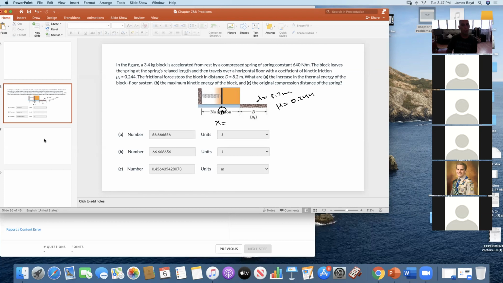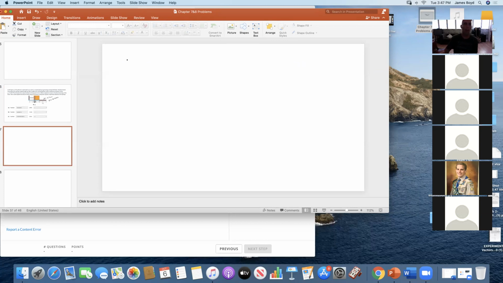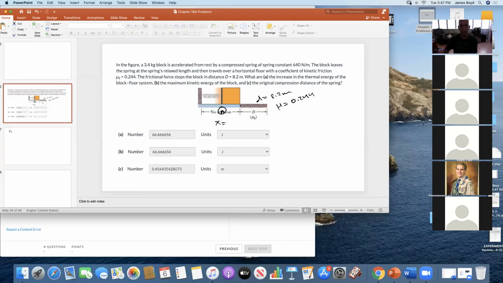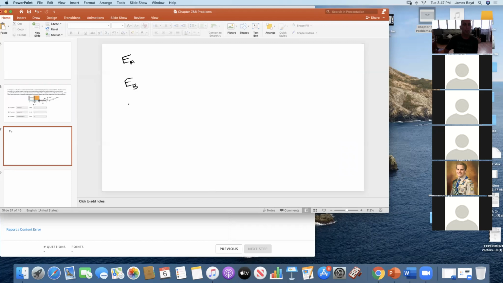So we're actually going to work backwards, and I'll show you how. At EA, and this is A, when it's compressed, then once it's fully past the relaxed point at B, and then at C where it stops. So EB and EC.